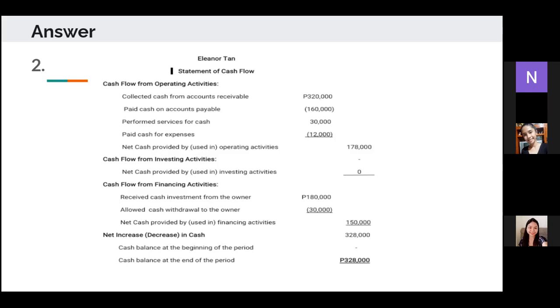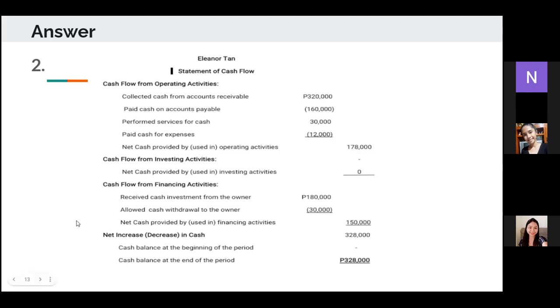Dito, gagamit kayo ng cash provided by kapag yung nakuha yung total ng cash flow from operating, investing or financing activities, kapag positive ang lumabas, net cash provided by.